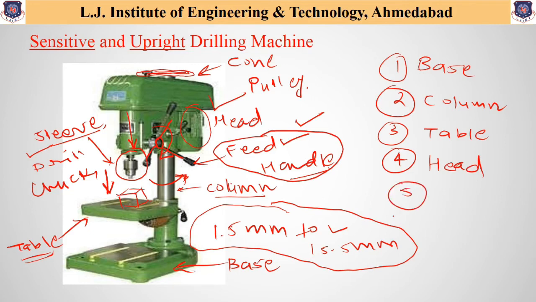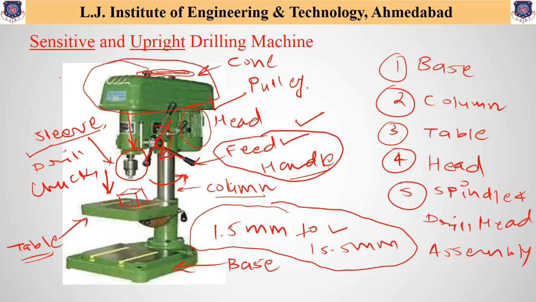Fifth one, that is the spindle. And drill head assembly, which is available at the top portion of the column, means in this particular region. And the last one, that is the spindle drive mechanism.